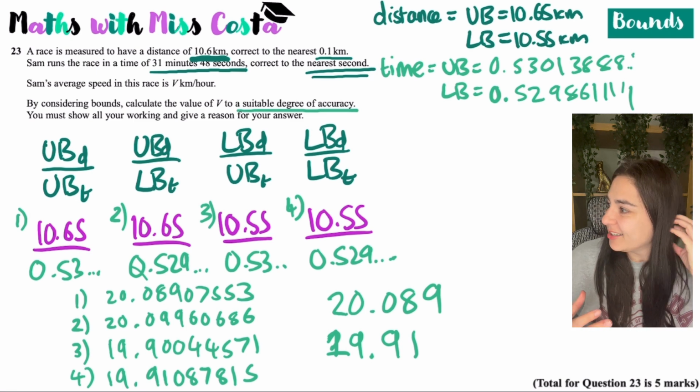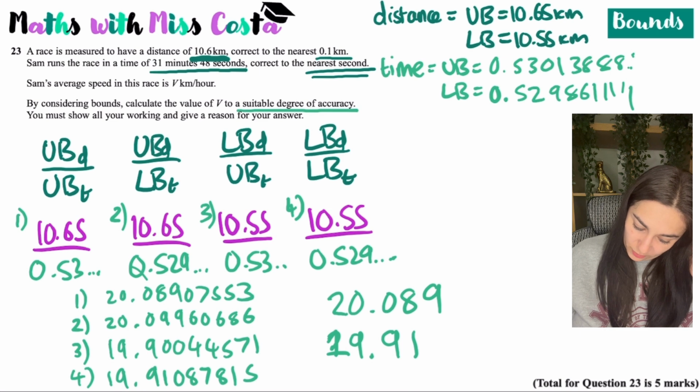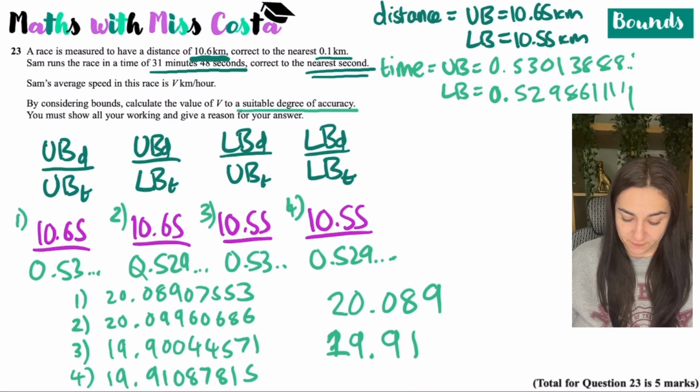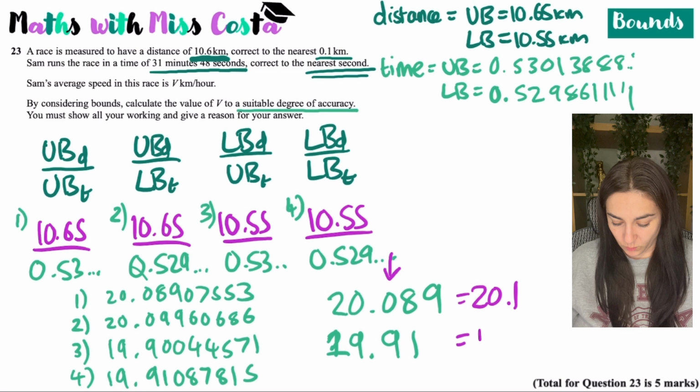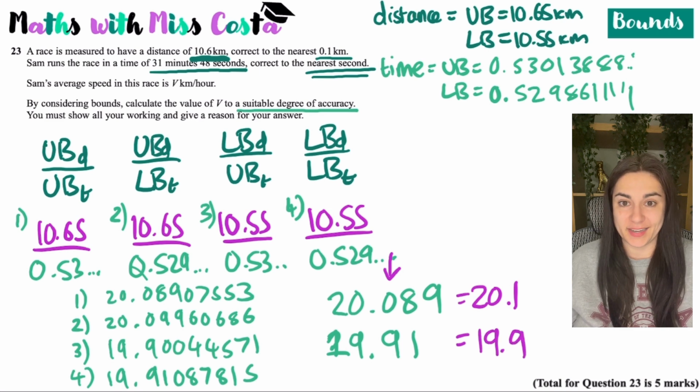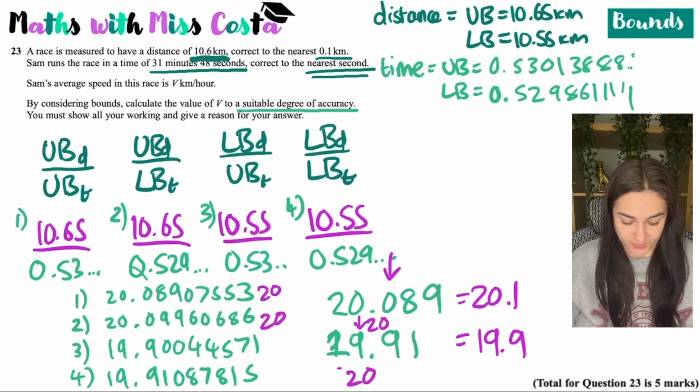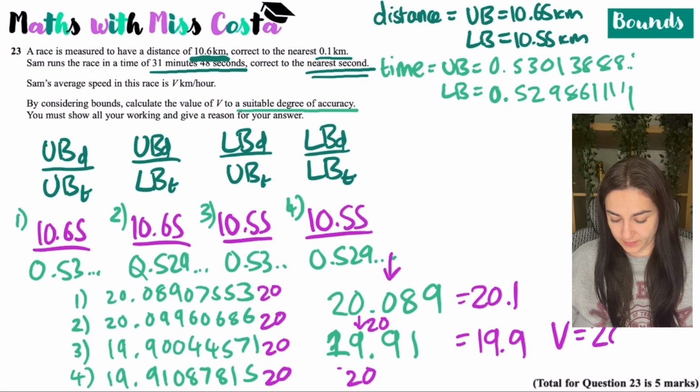In this case, we would probably round to two significant figures, because if you rounded to one decimal place, what would that be? That would be 20.1, and this would be 19.9. So the figures don't match. So if I rounded to two significant figures, this would round to 20, so would this. This would round to 20, this would round to 20, this would round to 20. Okay, so by considering bounds, I would say V equals 20.